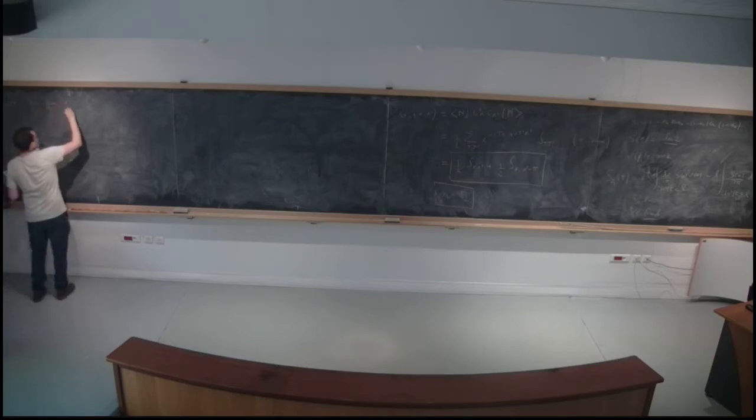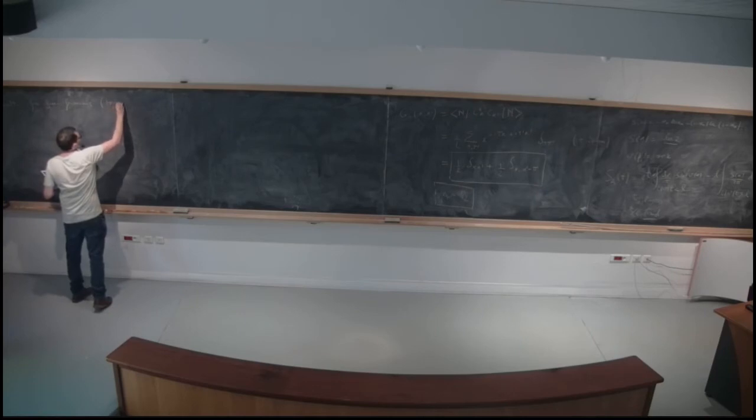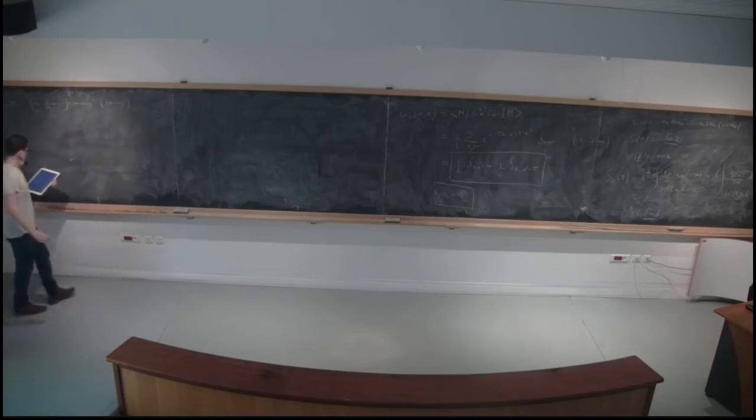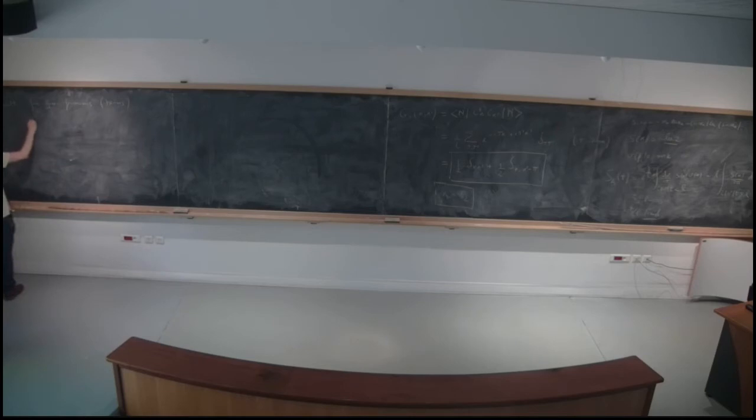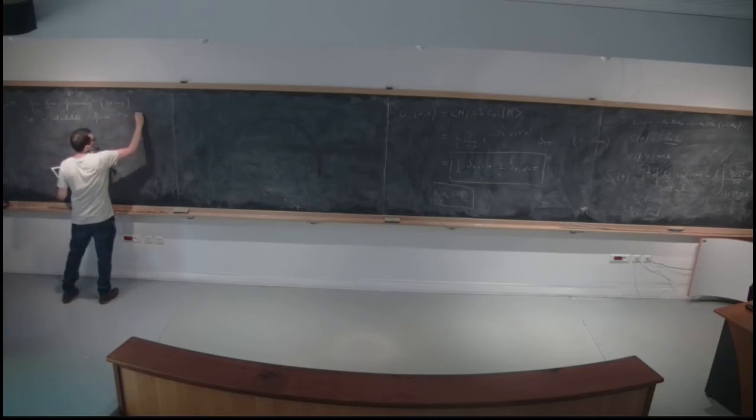So the key result is that for free fermions, also for bosons, but I'm going to restrict to free fermions, the entanglement entropy S_A is calculable from the two-point correlation function.